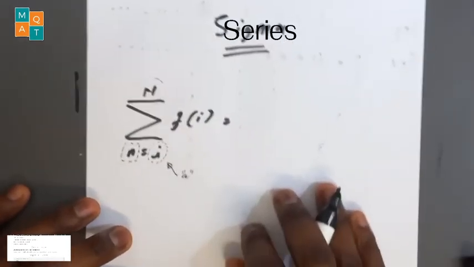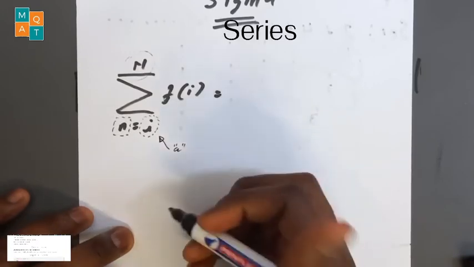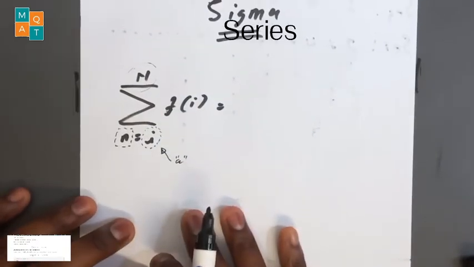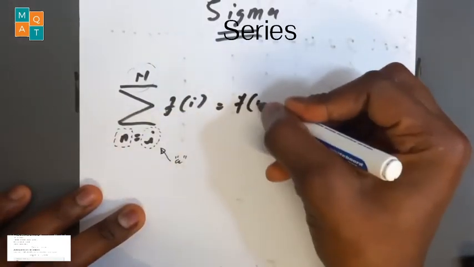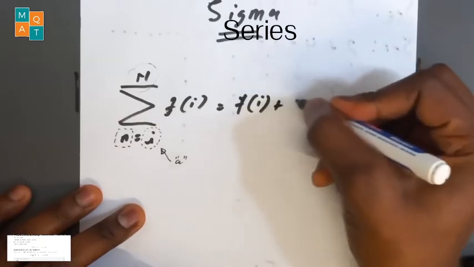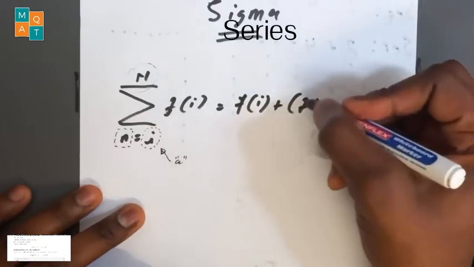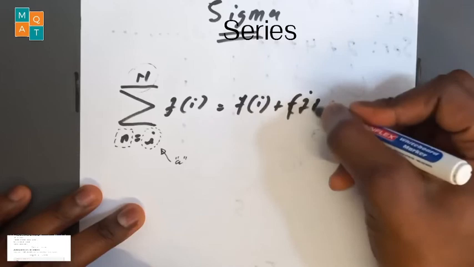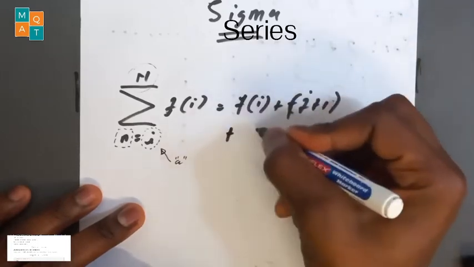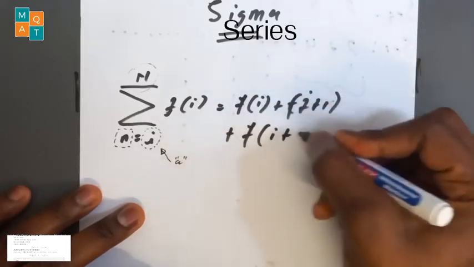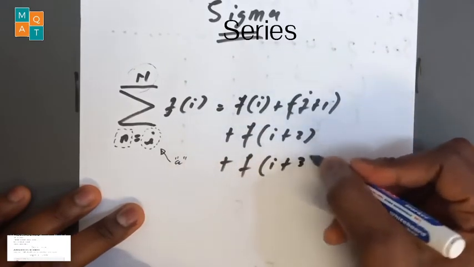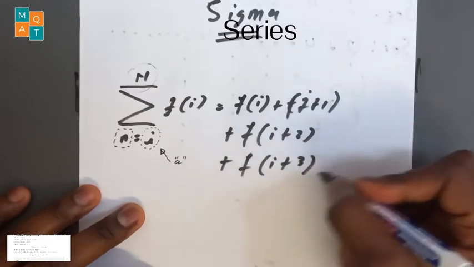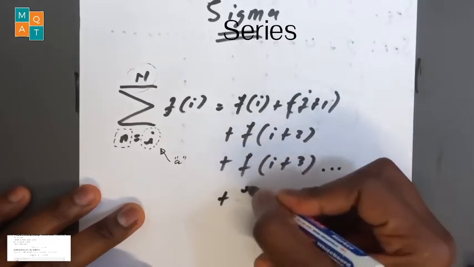Let me give you an example. I feel like the best way is to use an example form, but let me write this first. Like I said, I've got f of i plus f of i plus 1, plus f of i plus 2, plus f of i plus 3, just like that, all the way until I get to f of i plus n.